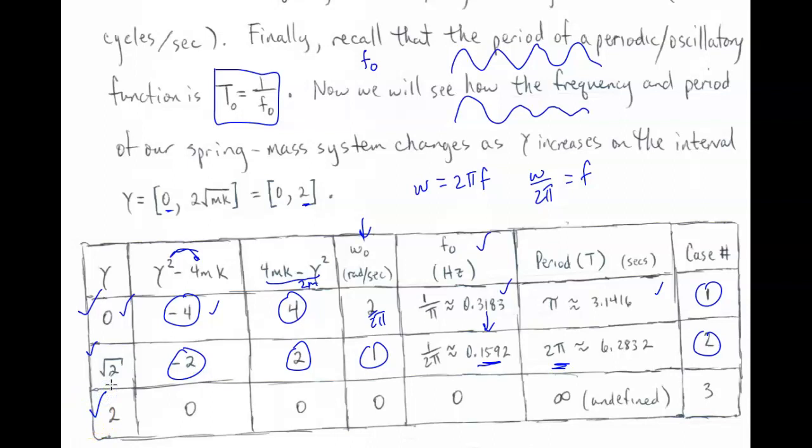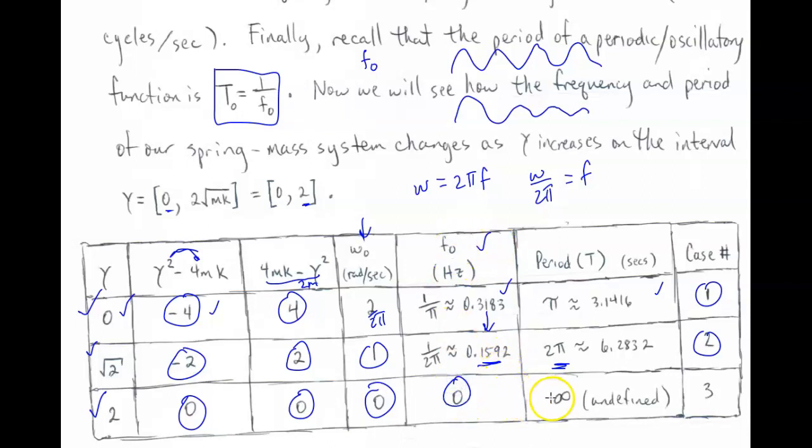For our case 3 situation, we see that our discriminant here is 0. And since our discriminant is 0, that means that the numerator for the imaginary portion of our roots is 0, which means that our natural frequency now goes to 0, and hence we essentially have no oscillatory type motion.